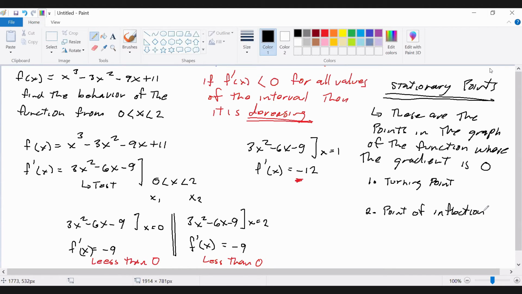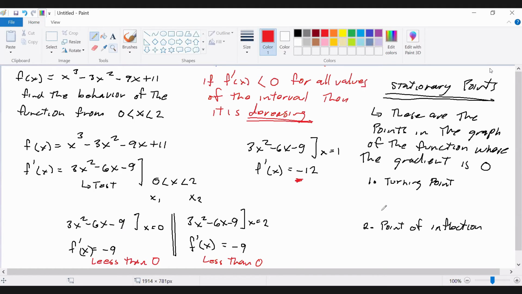A turning point, we already discussed this when we were in the lower level. We have seen it in quadratics and cubics.